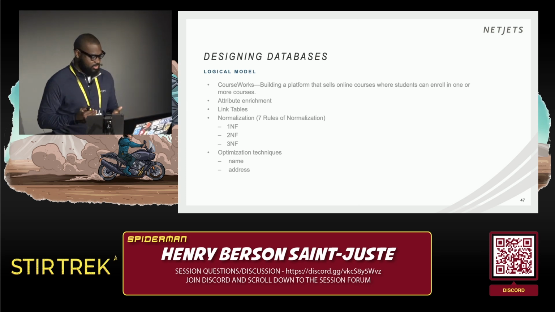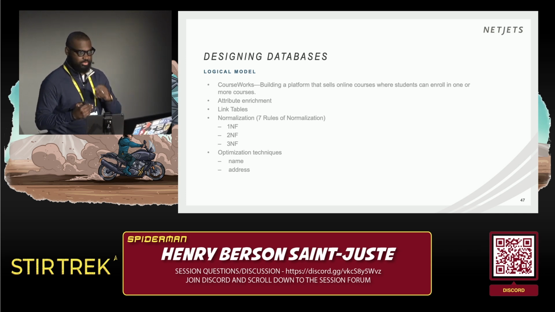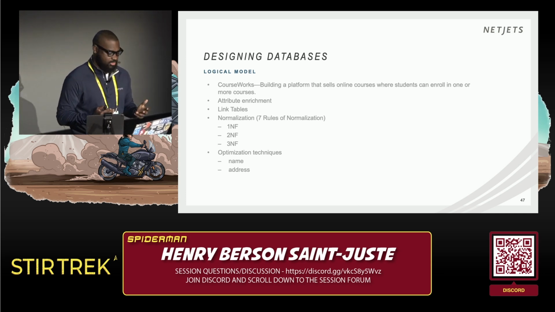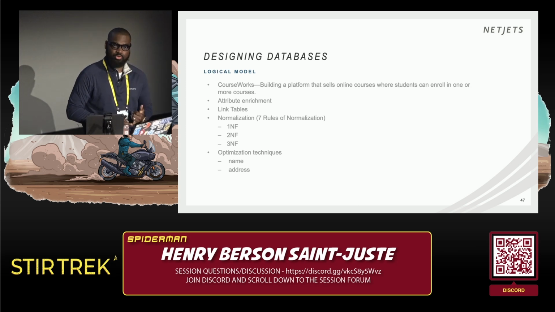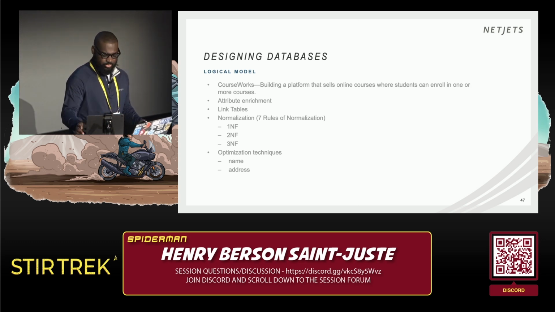And typically there is a method to this. It's called the seven rules of normalization. So you have the first normal form, the second normal form, and the third normal form. We're going to go through that right now to understand what that is. And then you look at how to optimize your database as well.